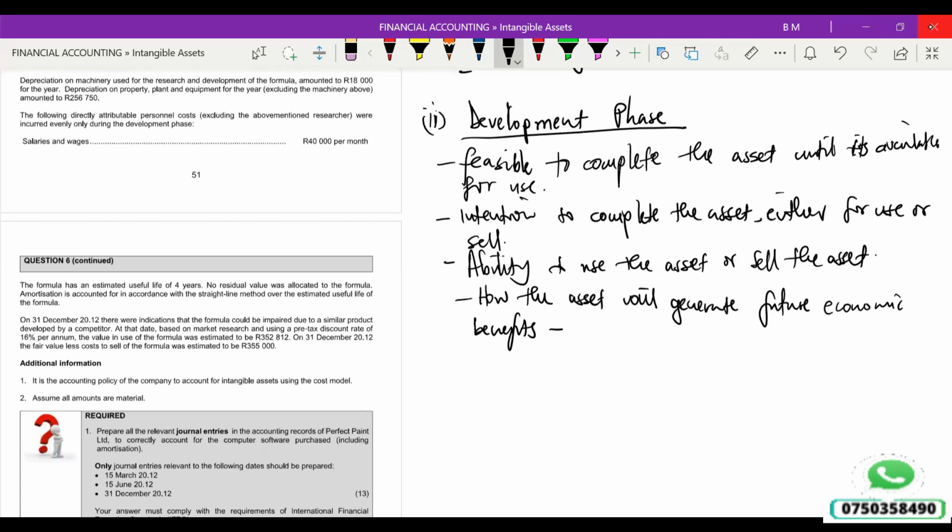After the completion, do we have an existing market that is going to purchase the product that is generated by the formula? So we also need to talk about the existing market.